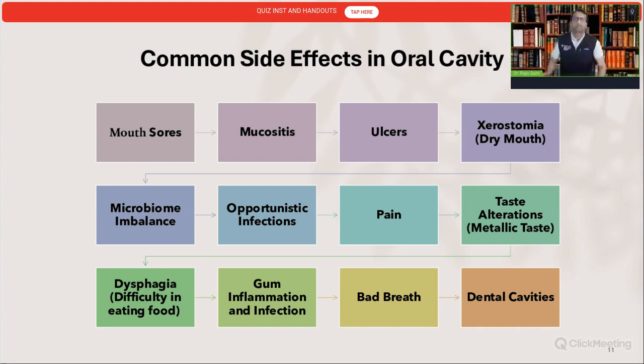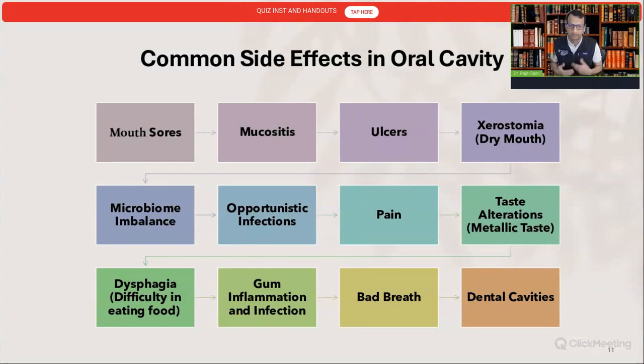The common side effects we observe in day-to-day clinical operations are, number one, mouth sores, or chemo mouth sores, mucositis, ulcers, and xerostomia, or dry mouth. These are the key clinical pictures we often see as side effects of cancer treatment.